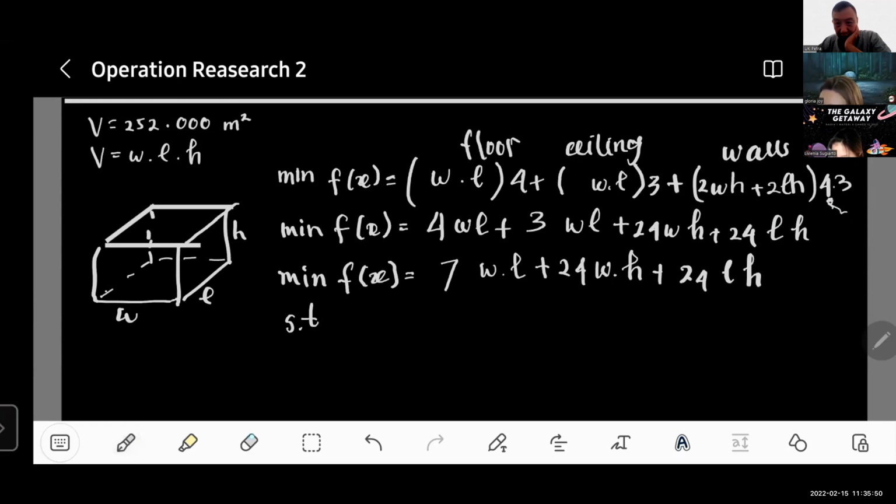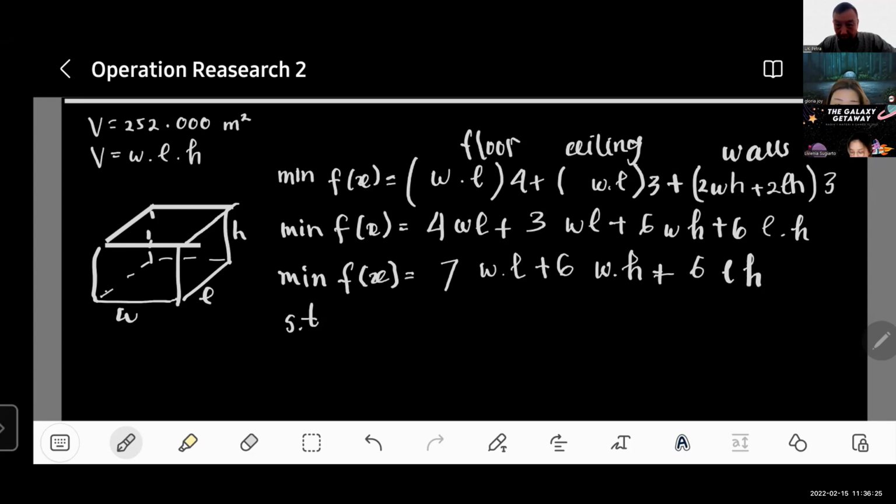I forgot that I had already put the multiply by 3. So the ceiling cost is also 3, that's correct. Okay, excellent. So you get 4, 3, 6, and 6. This one is the same, I combined it.